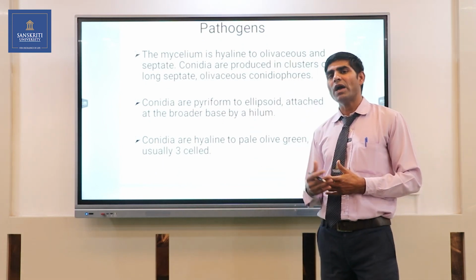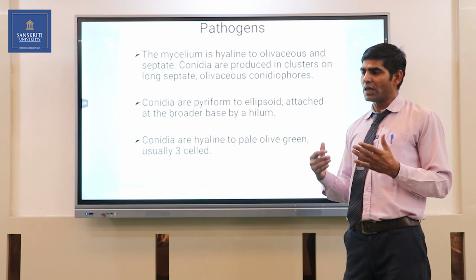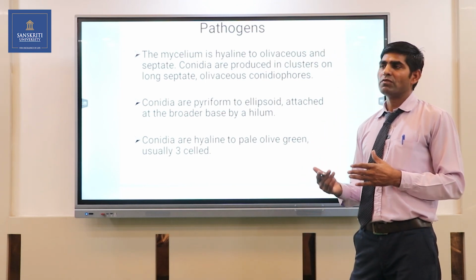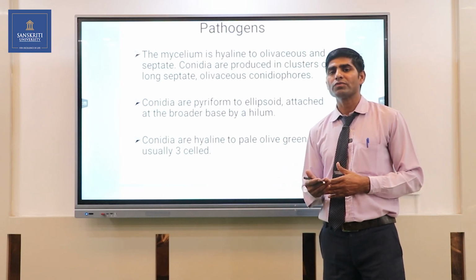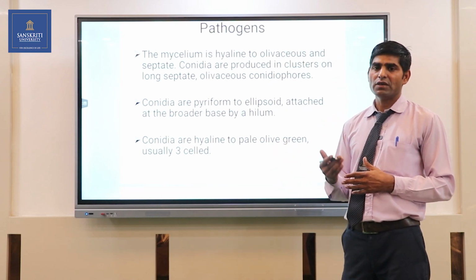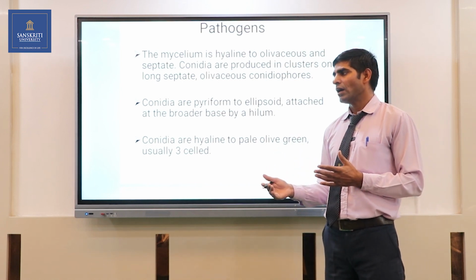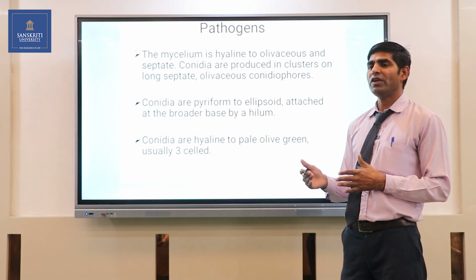Next, it also survives in the soil. So how can it survive in the soil? It survives in the soil in the form of plant debris, because the farmers harvest the crops by hand or by machinery, and the residue is left in the field.